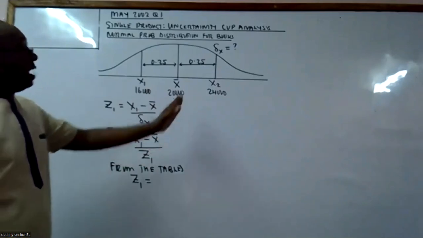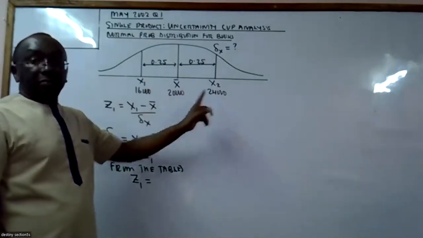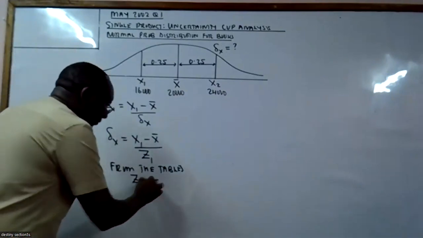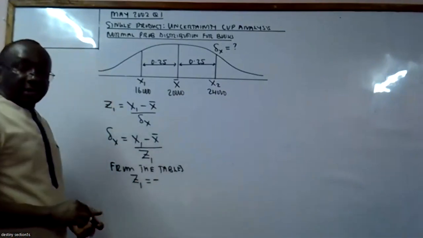But when you are on the upper side of the mean, it would have been positive. So this one, we will say it is negative because you're on the lower side.